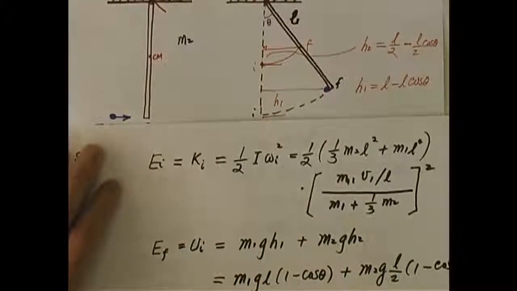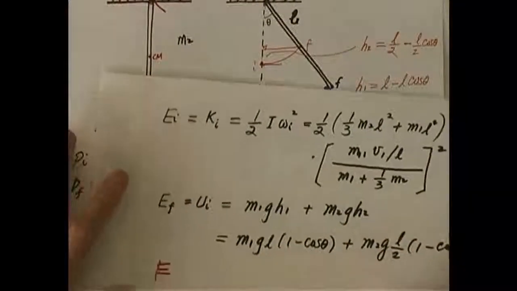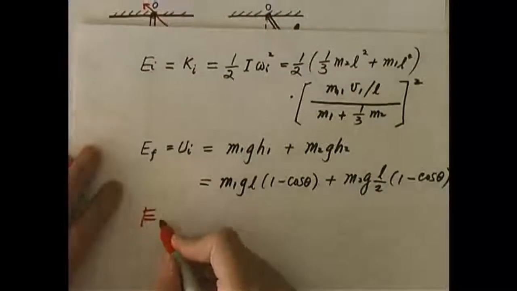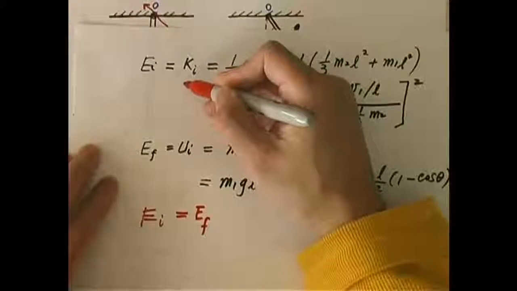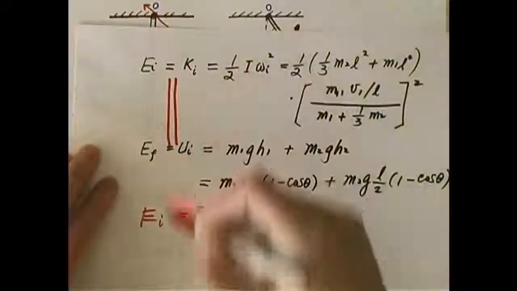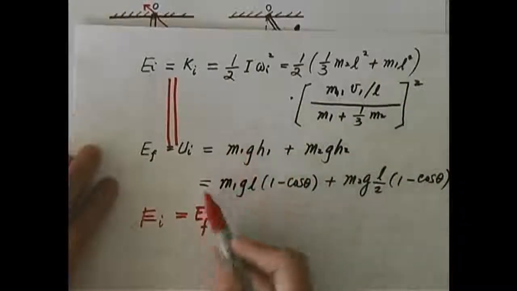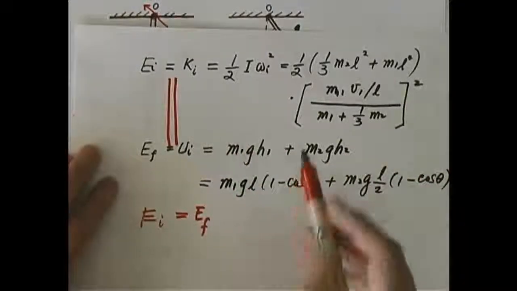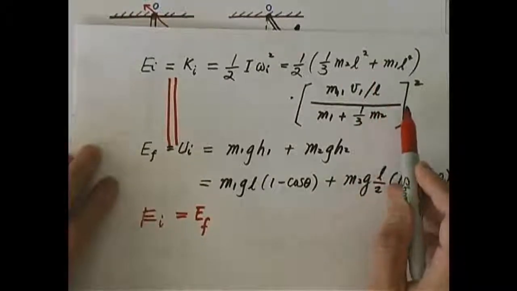Okay, E initial equals E final. So you equate these two. This expression equals that expression. You know everything here, okay? You know M1, M2, L, V1, and everything.